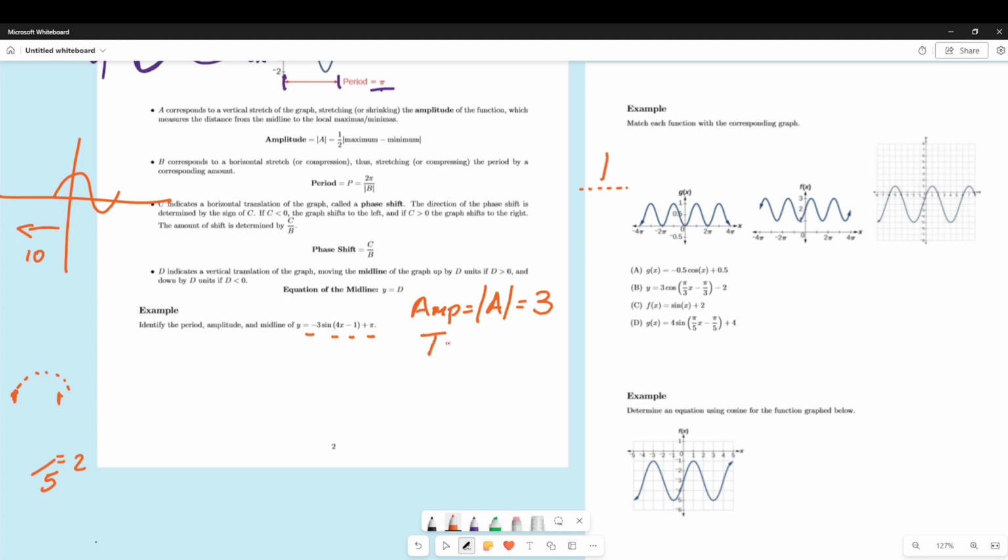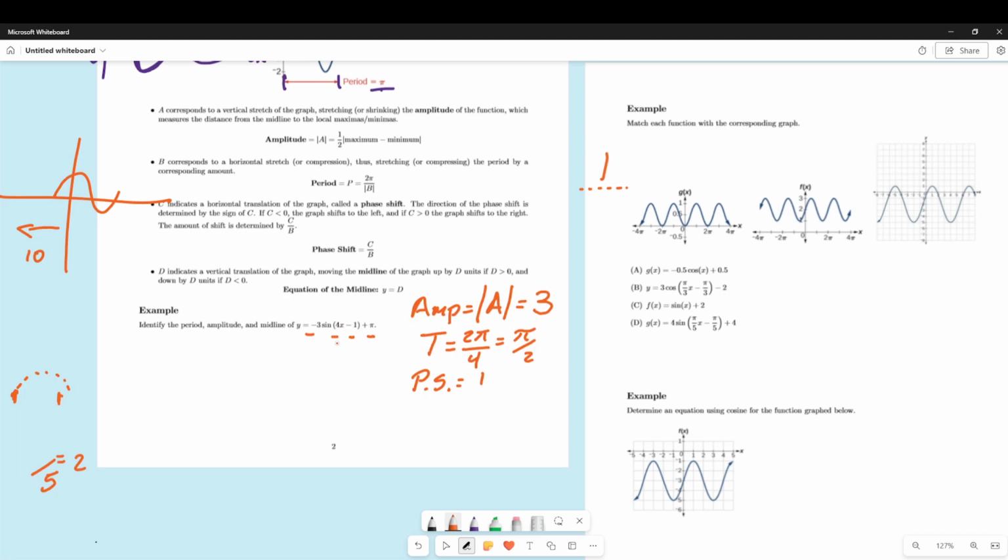Our period for sine and cosine and cosecant and secant, our natural period is 2 pi. That period will be divided by our B, our compression factor, in this case 4, which will give us a period of pi/2. That phase shift, we kind of want that phase shift to just be 1. Remember, it is +1 because it is the opposite of that sign.